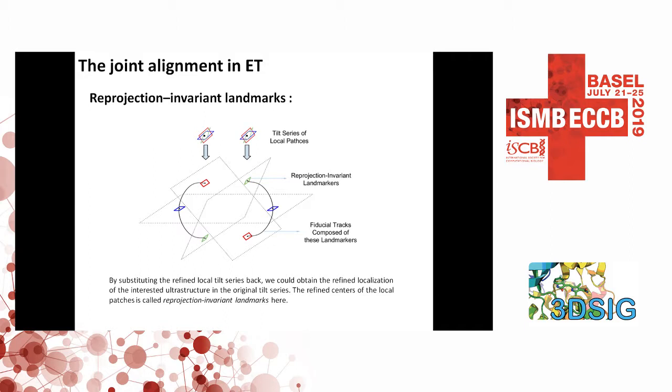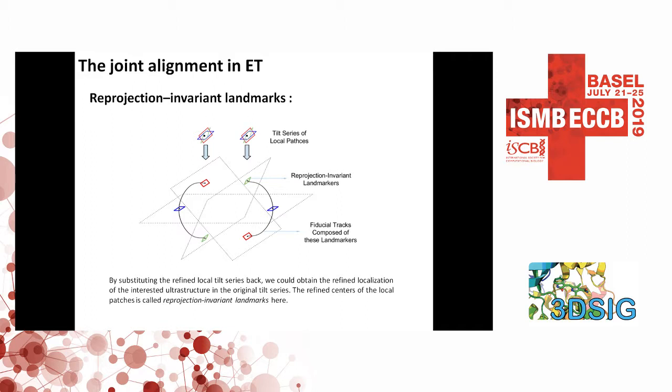And if we solve the local problems, then we substitute the local centers into the global ones, and we got a lot of local centers. These local centers, we call them reprojection invariant landmarkers, because according to the projection model, their centers should be exactly the tilt series' original center.